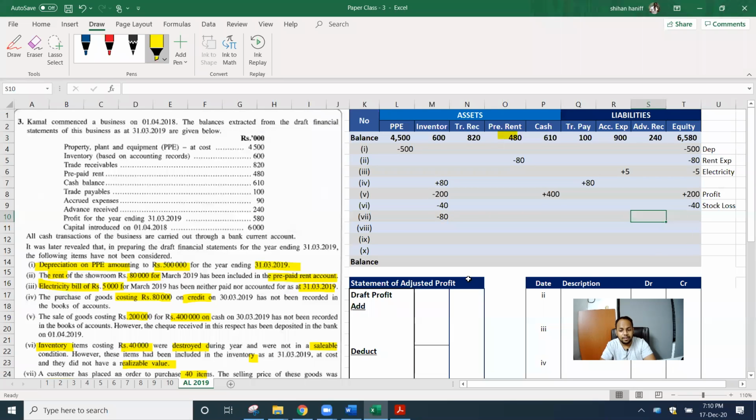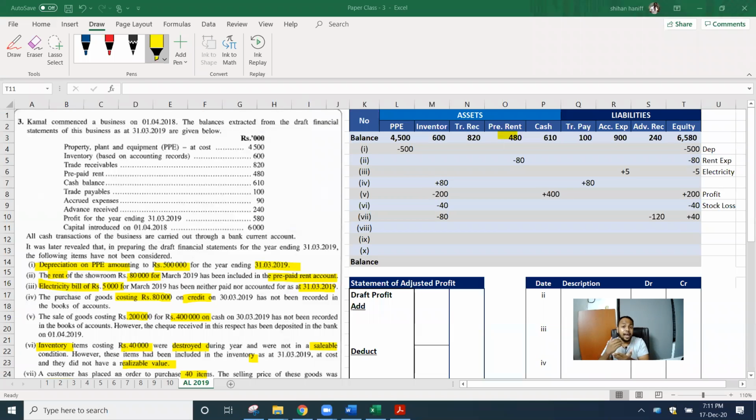That is 50% of the advance. 50% of the advance is 120. And the profit of this is 40.